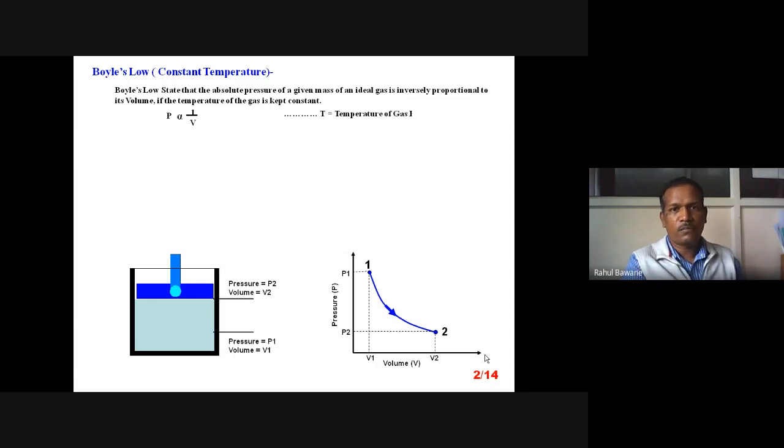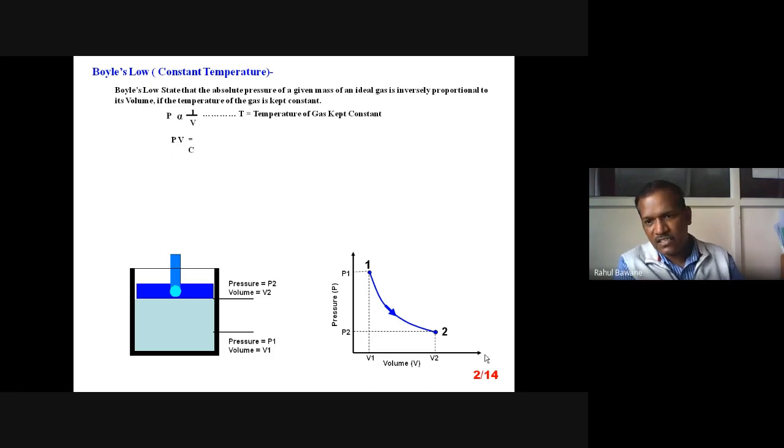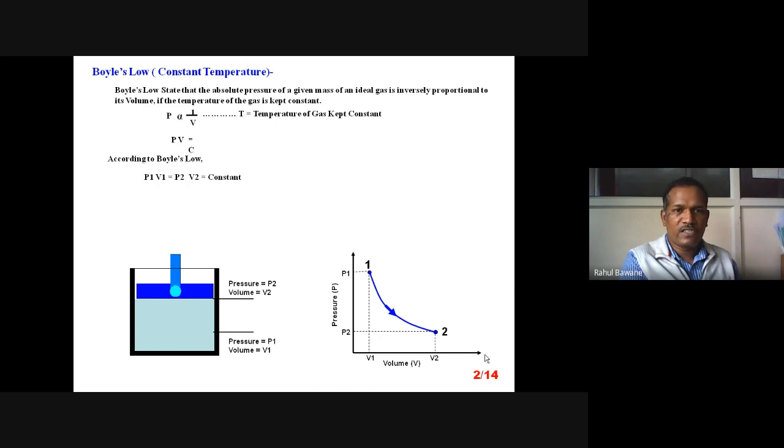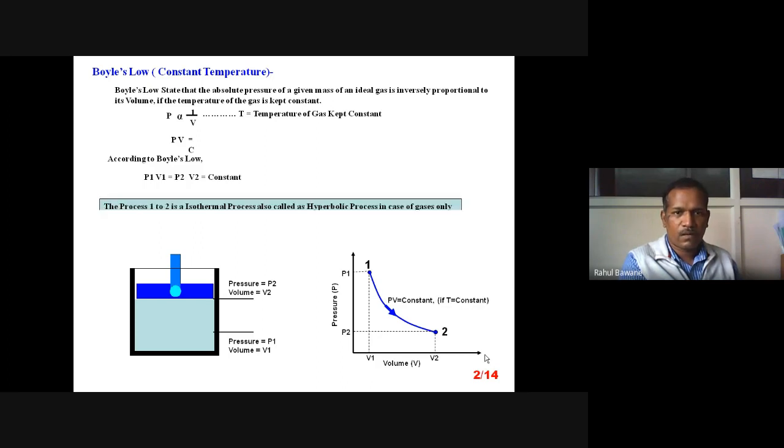If I remove the proportionality sign, then I get PV equals constant. This is the actual statement of Boyle's law. If I apply this statement to our condition, state 1 to state 2, our process will be P1 V1 equals P2 V2 equals constant. This is Boyle's law.